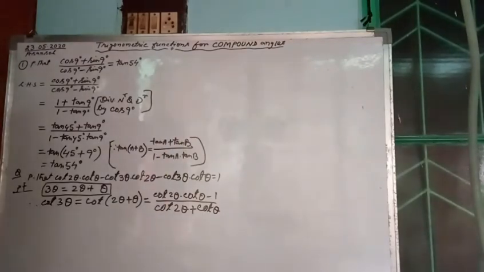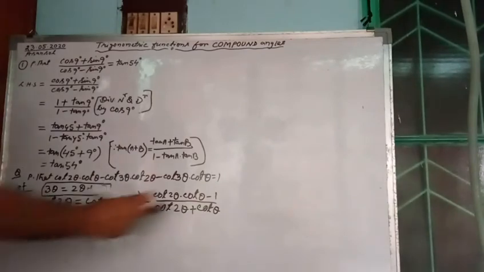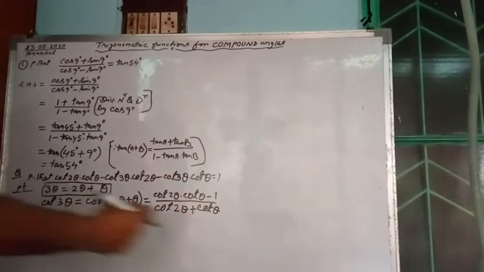Okay. Now what we got, cot 3 theta equal to this. Now what do we have to do? We have to cross multiply.